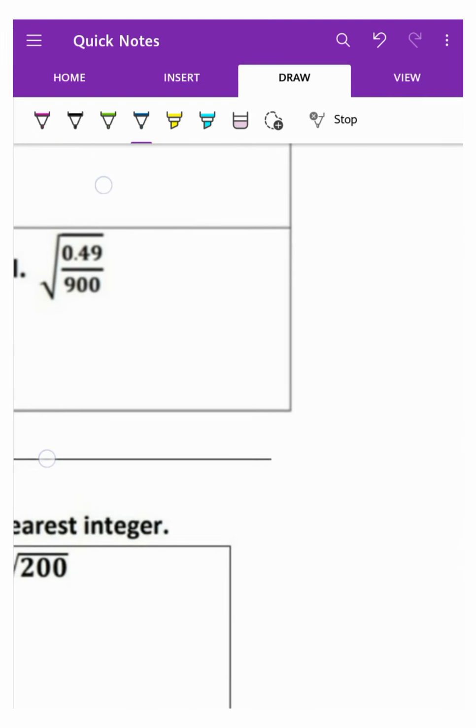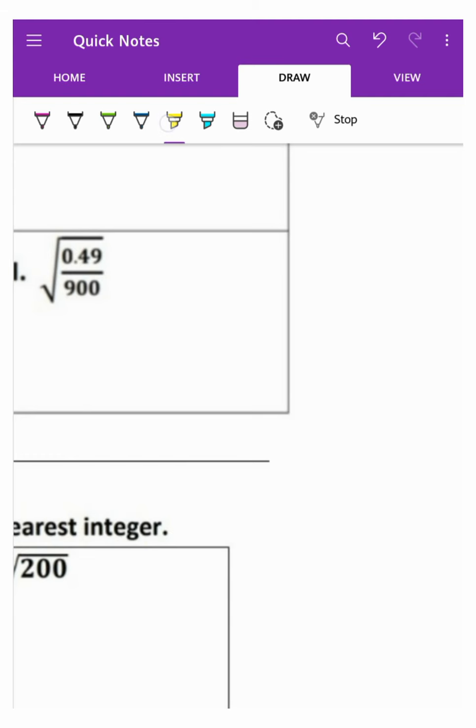Let us go here. I have a decimal here. Again, don't be scared. Deal with the 49 only. And 49 gives you what? 7. And set the decimal here. So it is 7/10. Let me write it correctly: 0.7. So I deal with the perfect square. What about the 900?